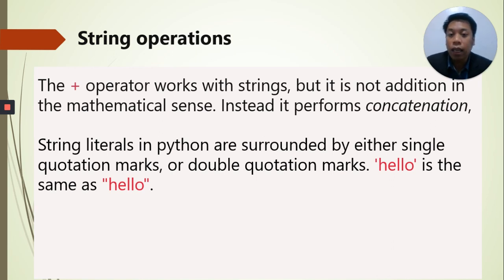And string literals in Python are surrounded by either single quotation marks, just like what we are using, or double quotation marks, single quote or double quote. They are the same in Python.